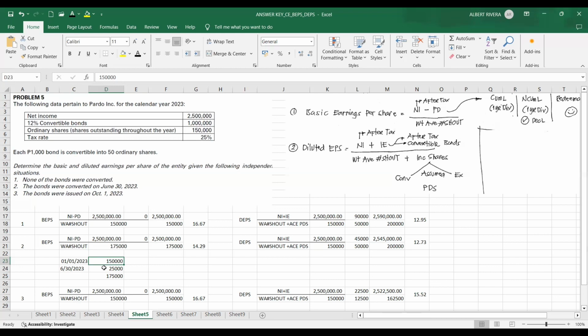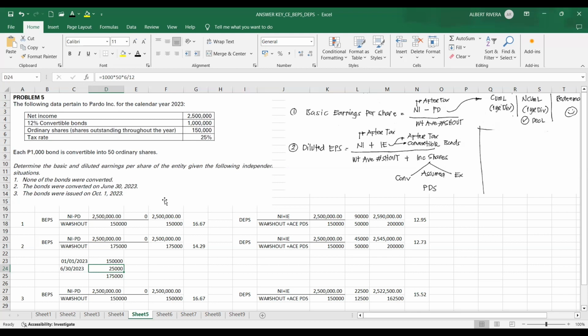And this one, the June 30, there was an actual conversion. Okay, the actual conversion happened June 30, and each 1,000 bond is convertible into 50 ordinary shares. So that would be 1 million divided by 1,000. So that is also 1,000 bonds times 50. So that is now 50,000. However, it is weighted. This is outstanding for how many months?